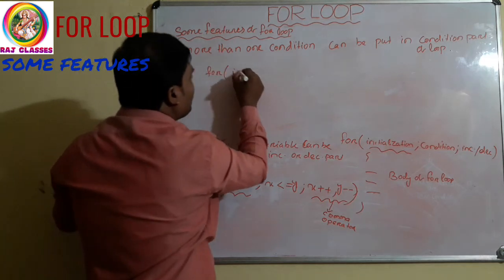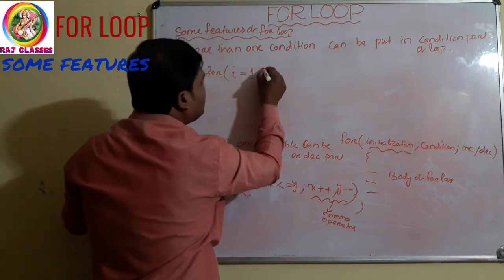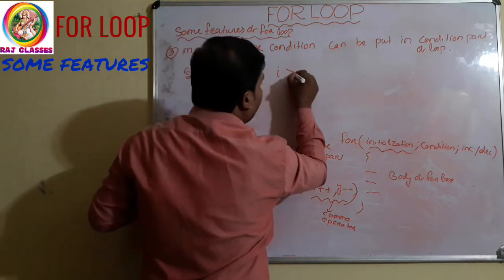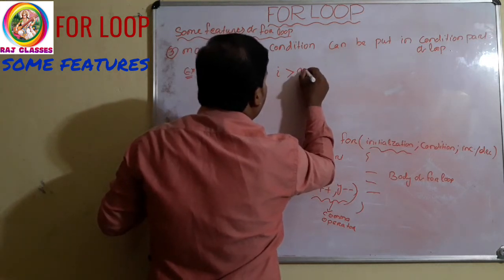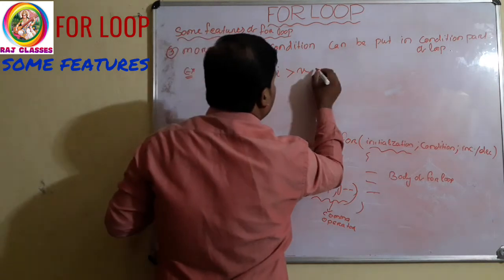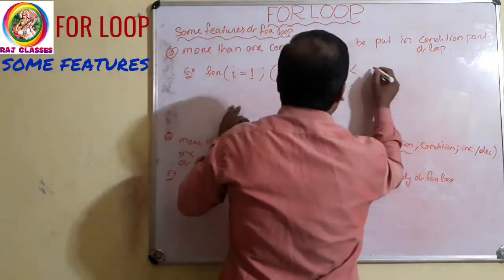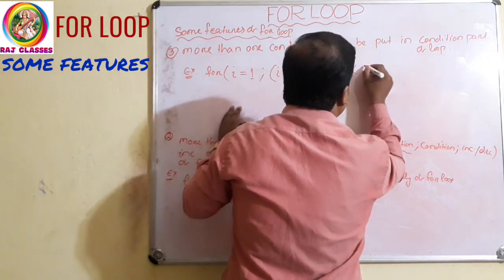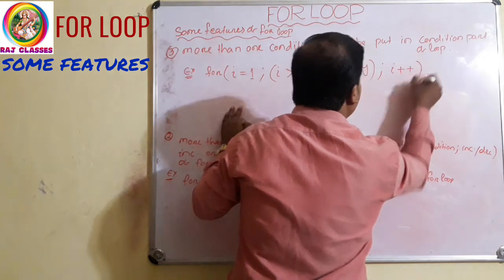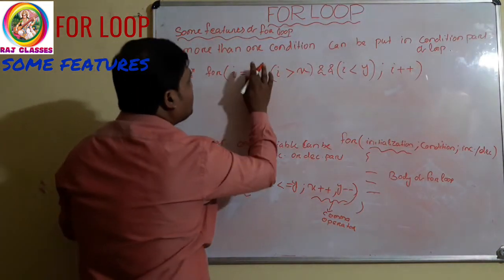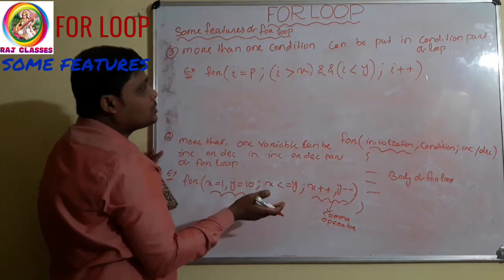For i equal to suppose 1, then semicolon, i greater than suppose x, and i less than suppose y, then i plus plus. Clear? Suppose here I am writing i equal to p. p, x, y are three variables, different variables.